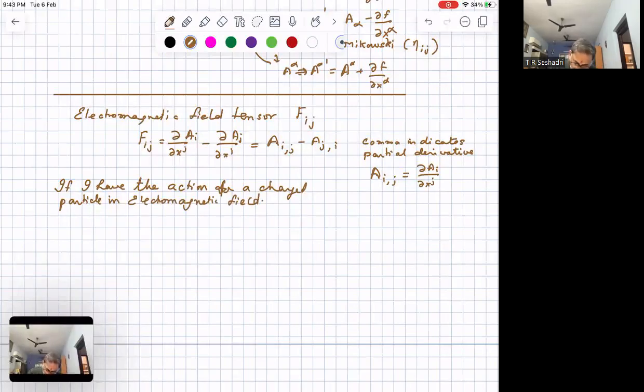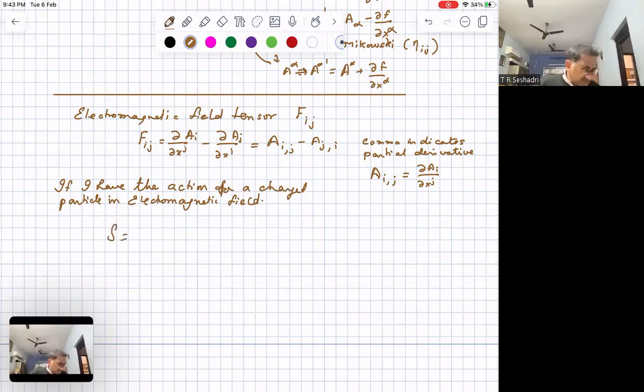Then this action is given by S equal to one portion, my standard action, integral minus m ds, which we saw earlier, plus the additional action for interaction, which we can write with the charge.